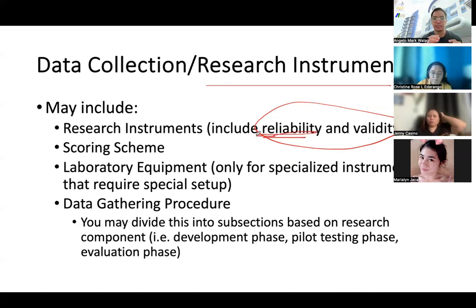So you have to look at the reliability measures for the kind of design that you will be using. Validity, or for quali, we call it authenticity. So you also have to describe how you ensure that the answers are authentic.